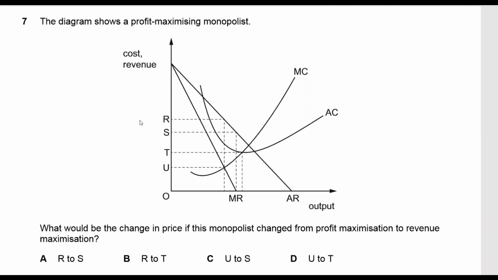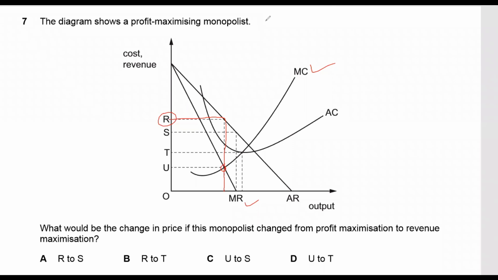The diagram shows a profit maximizing monopolist. What would be the change in price if this monopolist changed from profit maximization to revenue maximization? The condition for profit maximization is MC should be equal to MR, and MC is equal to MR at this point, and you can see that price charged for profit maximization is R, quantity produced is this much.